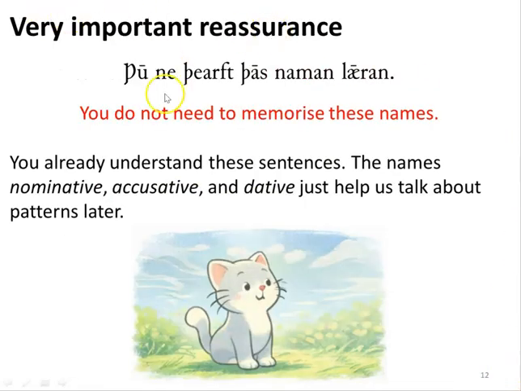All right, very important reassurance here. You do not need to memorise these names just yet. You already understand these sentences. The names nominative, accusative, dative just help us talk about patterns later on. Remember, this is an inflected language.